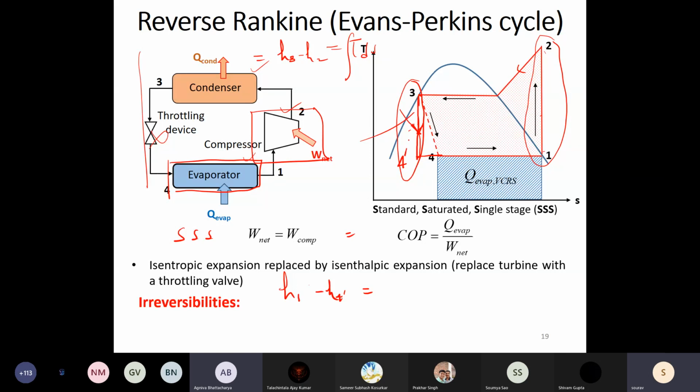But consider a domestic refrigerator which has 200 watts capacity, 300 watts capacity. By placing the best expansion device, you may obtain 5 watts of energy output, or maybe 10 watts or 20 watts of energy output.